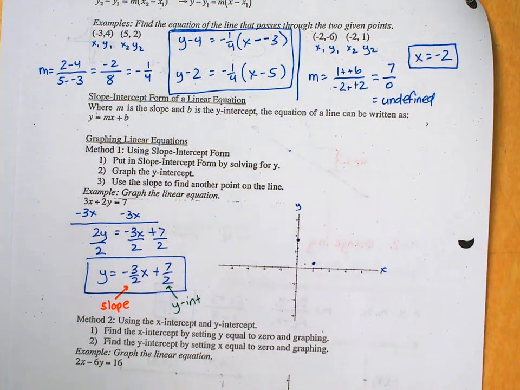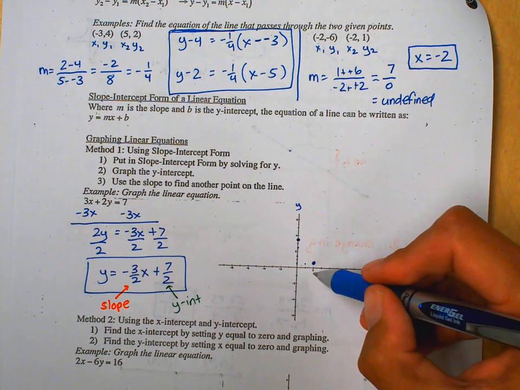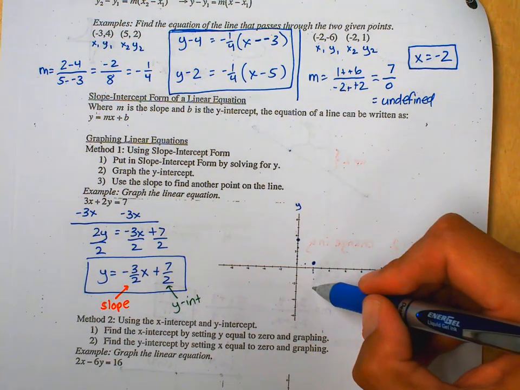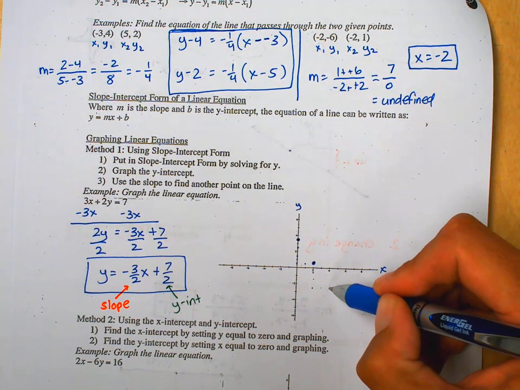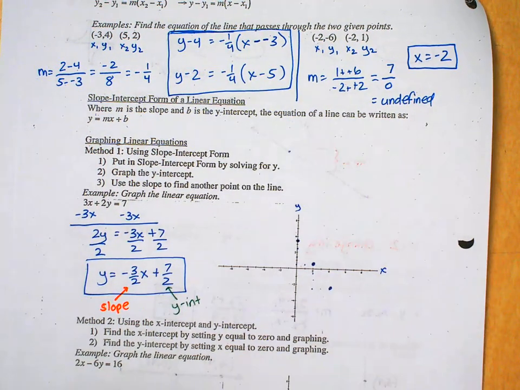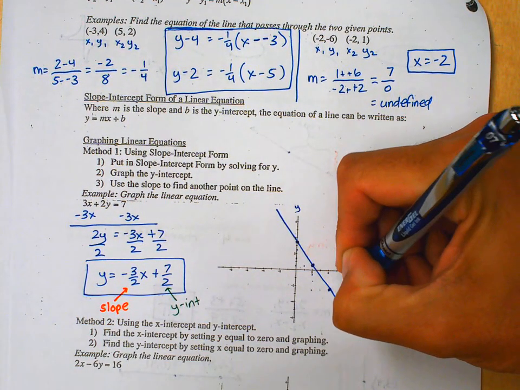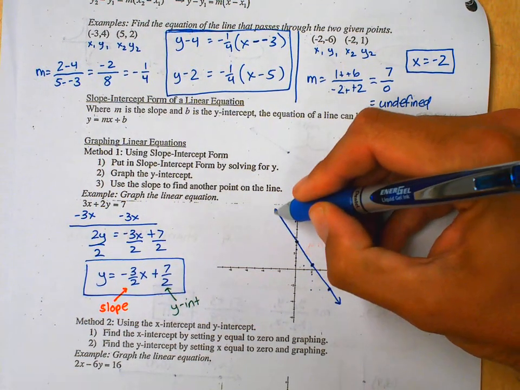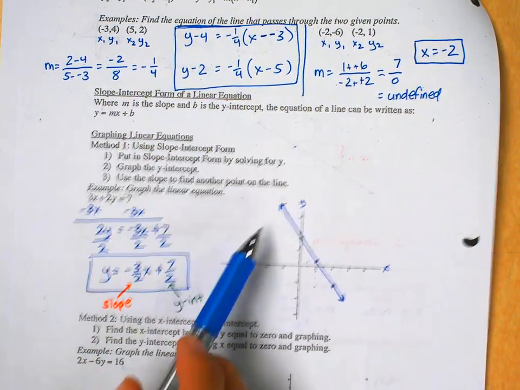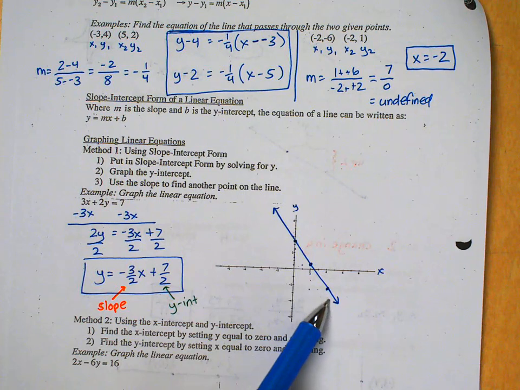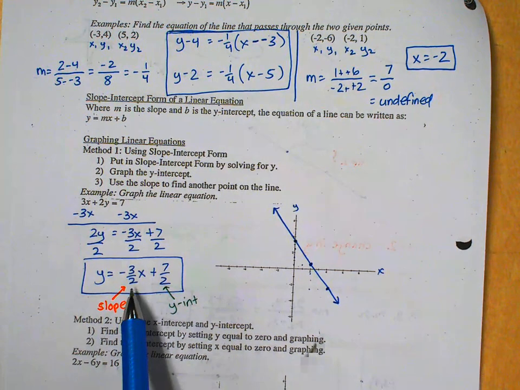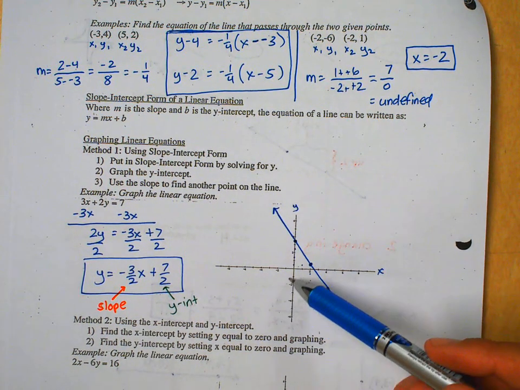Point right there. If you wanted to make another point, you could. 1, 2, 3, and over 2. And you just connect the dots. We should have a line. Negative slope should be going down to the right. If this slope were positive, it should be going up to the right.